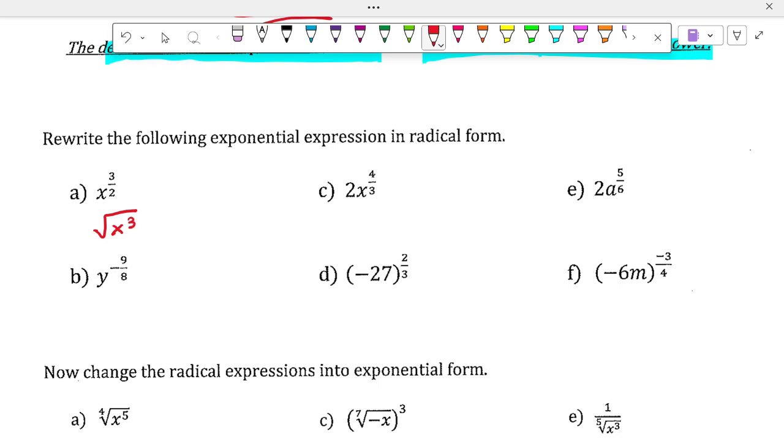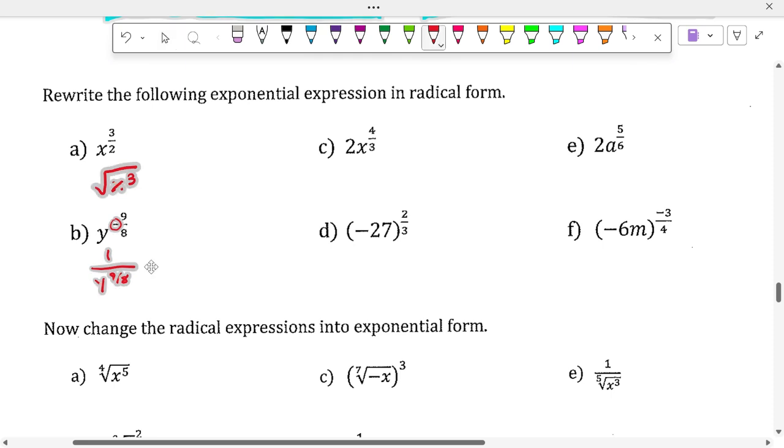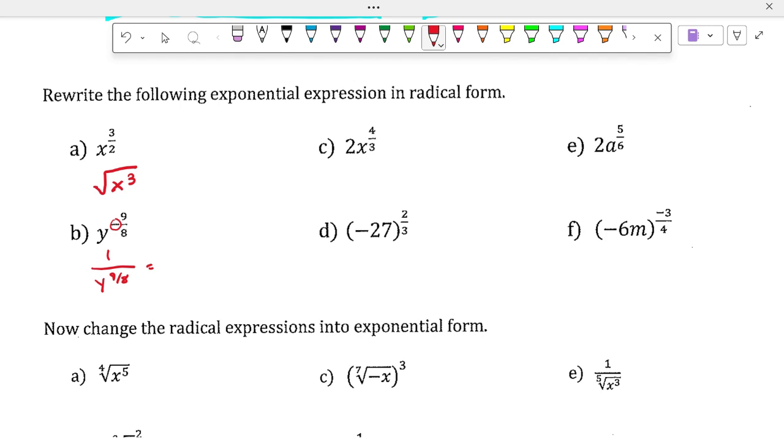All right, look at letter B. Before we change it to a radical, what should we do first? We move that negative to the bottom. So we have 1 over y to the 9/8. Now we can rewrite it as a radical, but we're going to leave it in the denominator. What does it become?